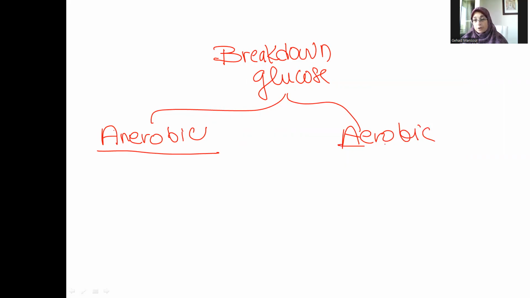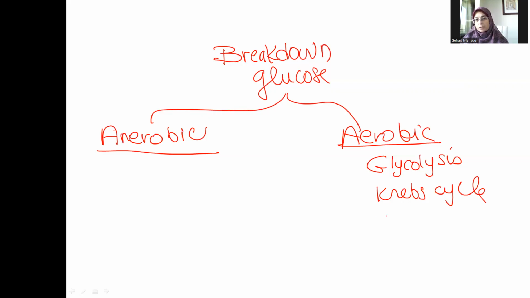In aerobic breakdown, we started by glycolysis, okay? So here we started by glycolysis, and then glycolysis was followed by Krebs cycle, and Krebs cycle was followed by the electron transfer chain. In Krebs cycle, what happened to the pyruvate of glycolysis is oxidation.